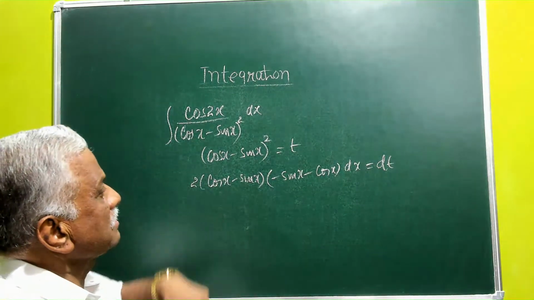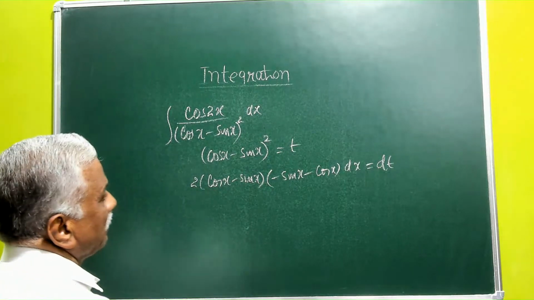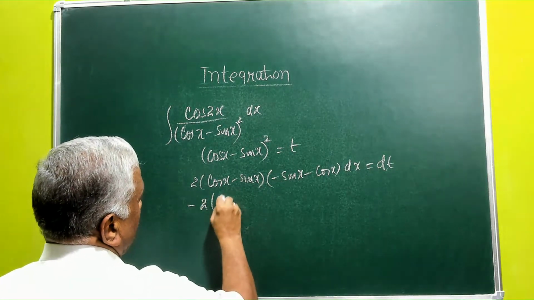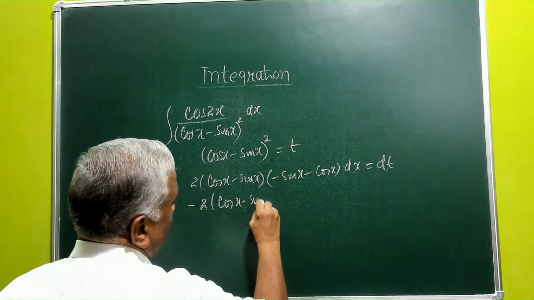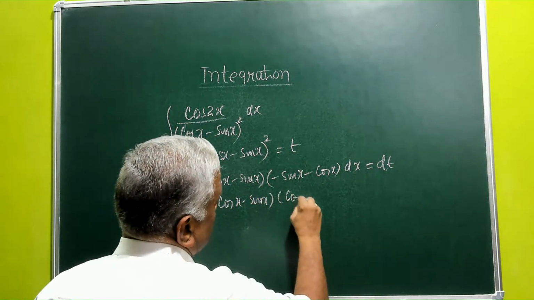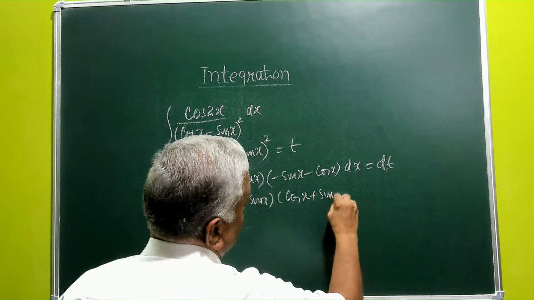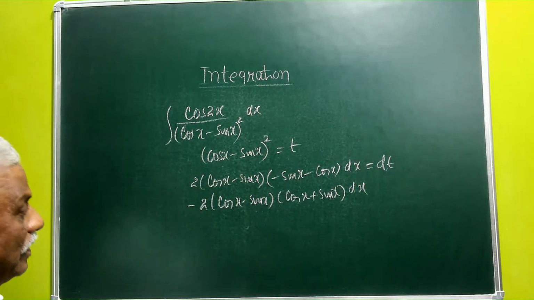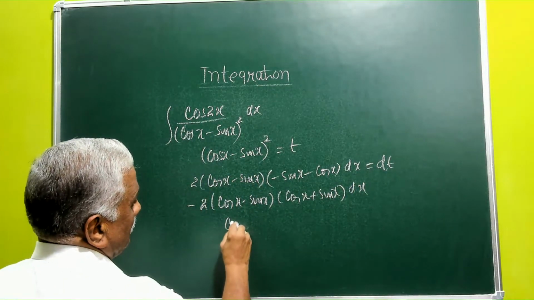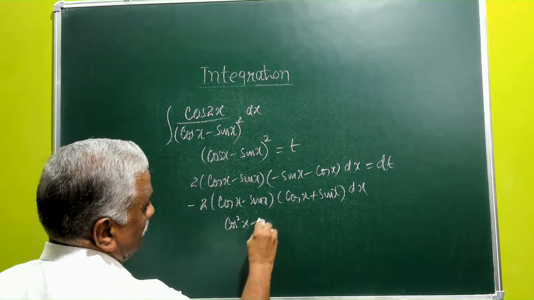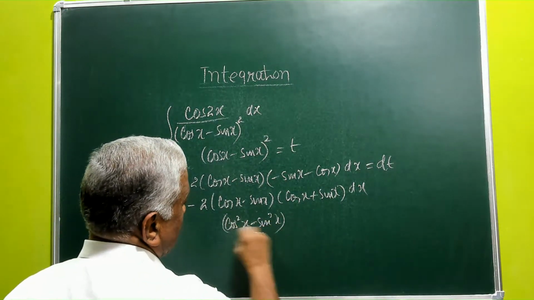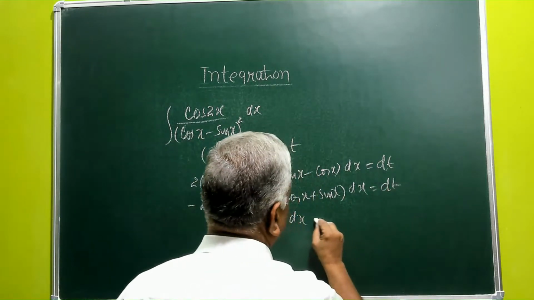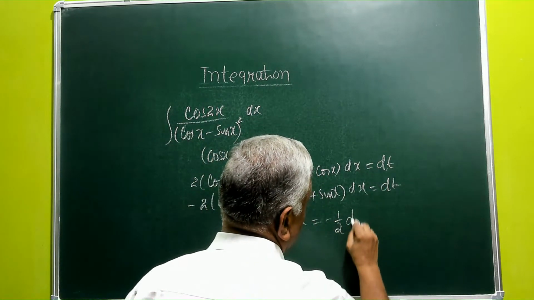Minus sin x minus cos x. So you can take minus common. Cos x minus sin x into cos x plus sin x dx. Now you can use that. Cos square x minus sin square x dx is equal to half minus half dt.